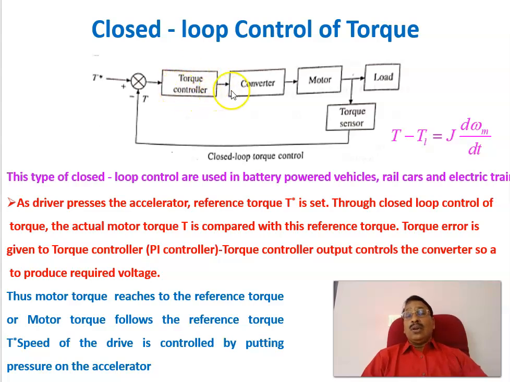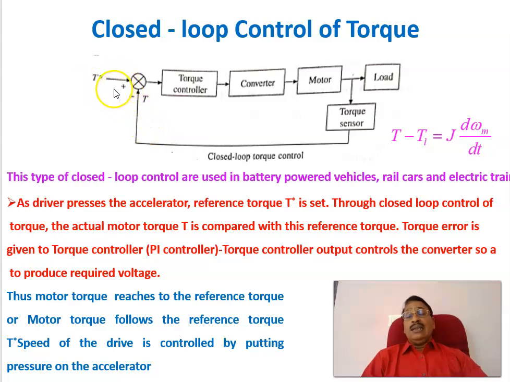And that torque controller output controls the converter so as to control the voltage, or if it is a current source inverter, the current will be controlled. If it is a voltage source inverter, voltage will be controlled to the motor, and thereby it produces the torque required or demanded, as we are setting a certain value.